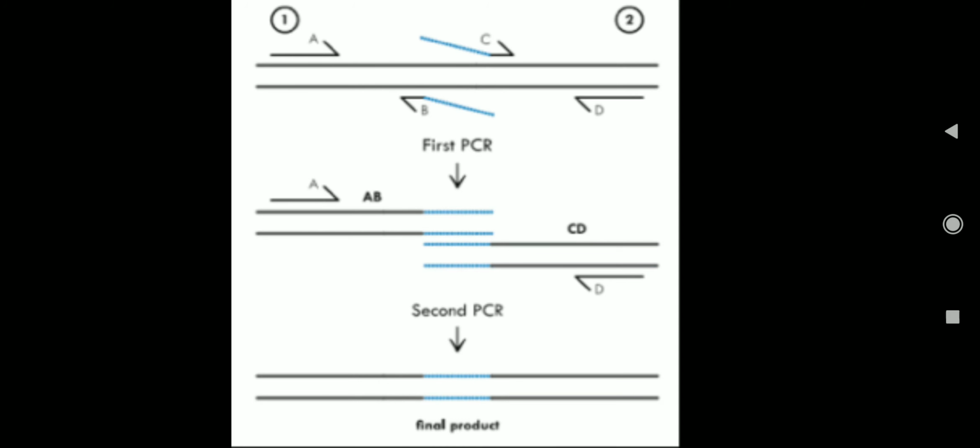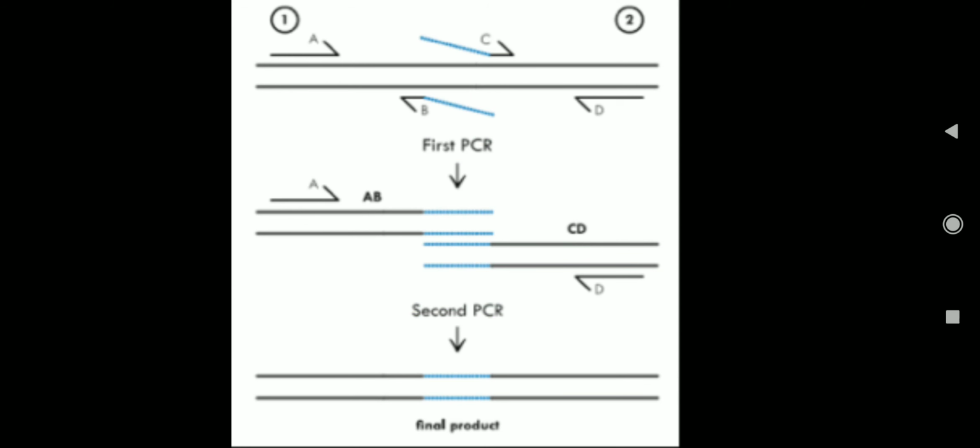Now we are going to mix both the DNAs and carry out the second PCR, where both A and B DNA and C and D DNA get amplified and we get a final product with a mutation in it.